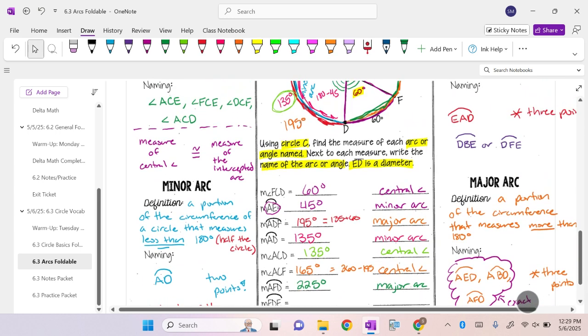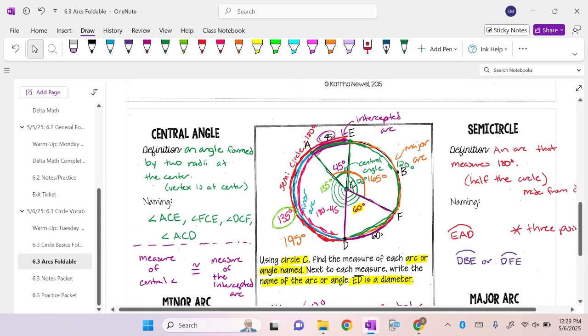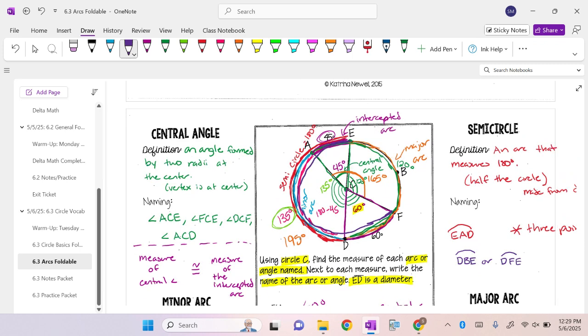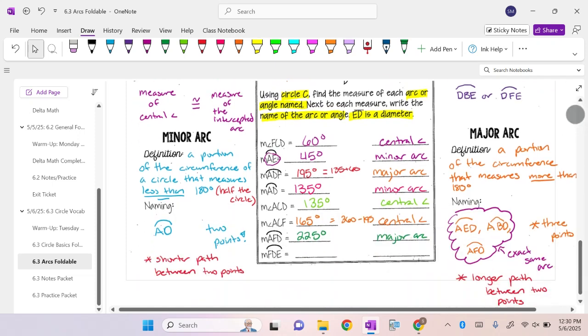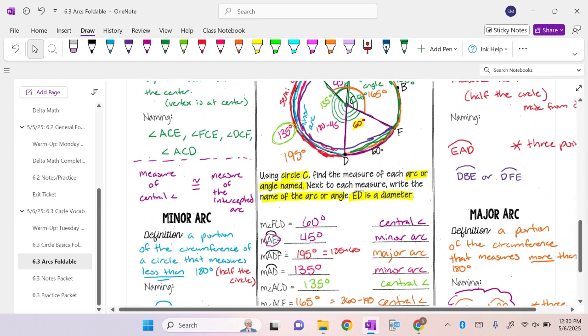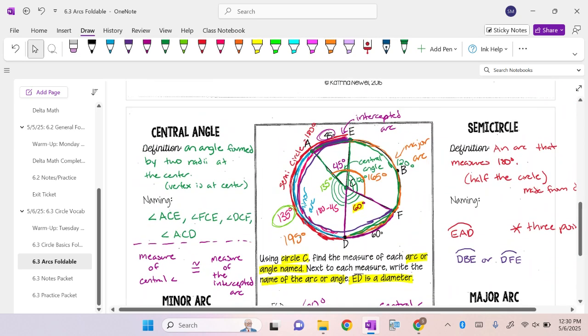All right. Lastly, we got FDE. So we're going from this F all the way around to E. So it's clearly a major arc. It's clearly more than half. Now, what's so special from D to E?